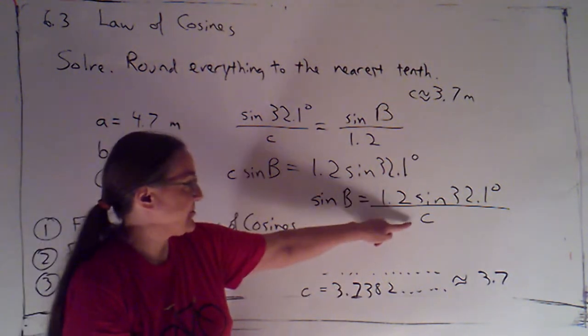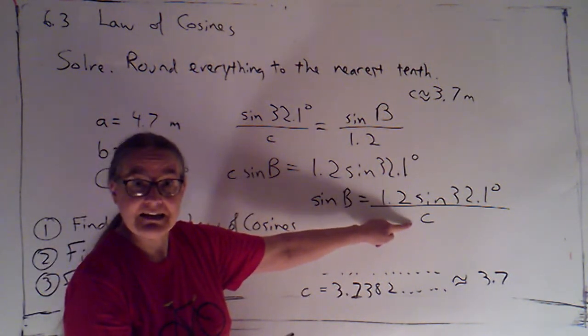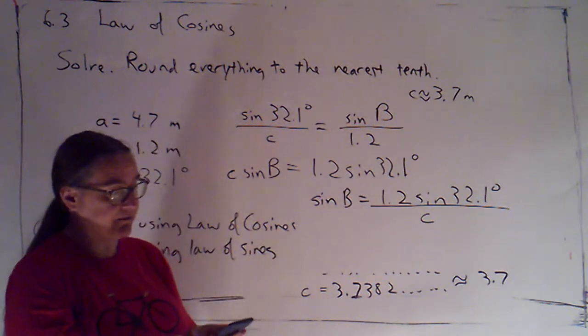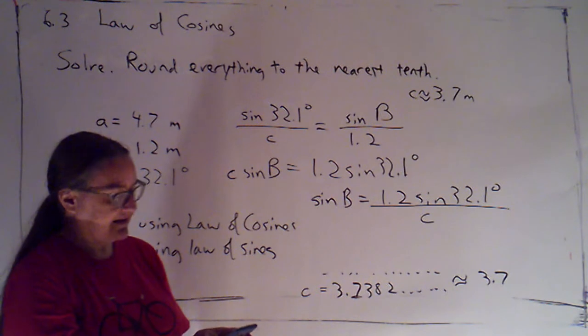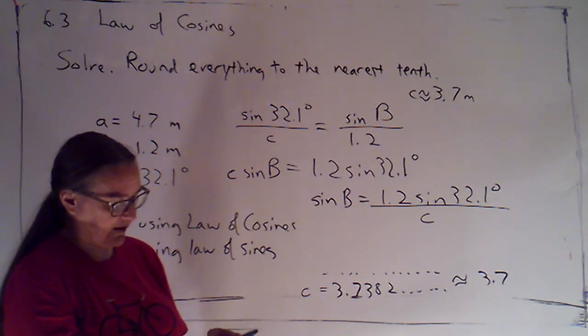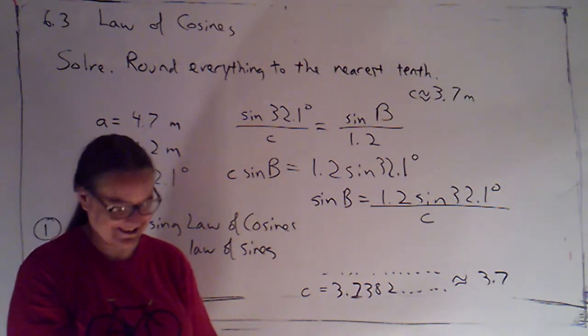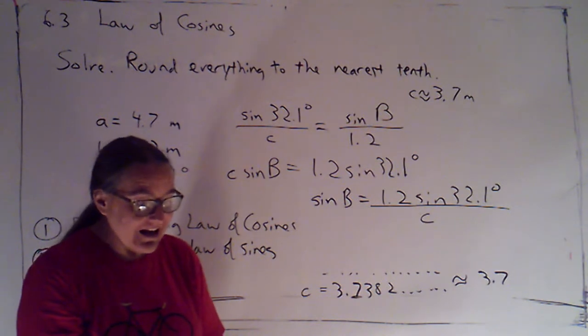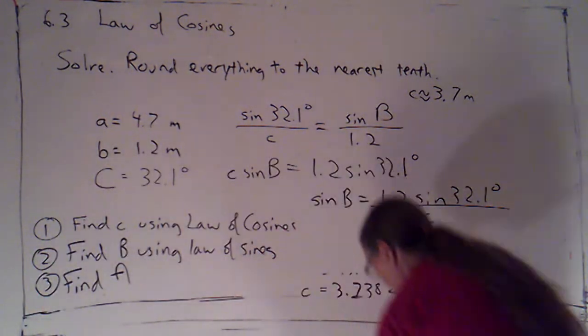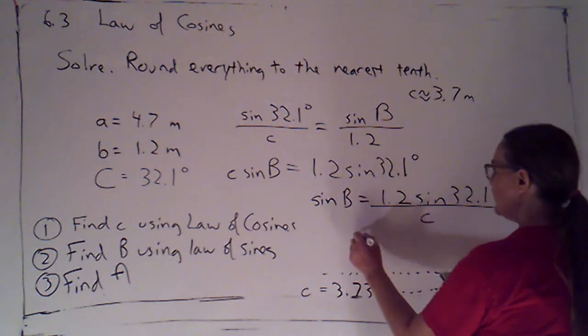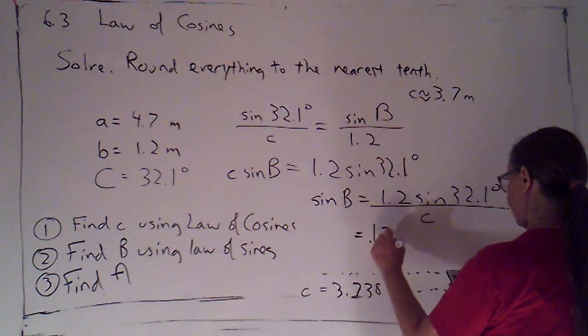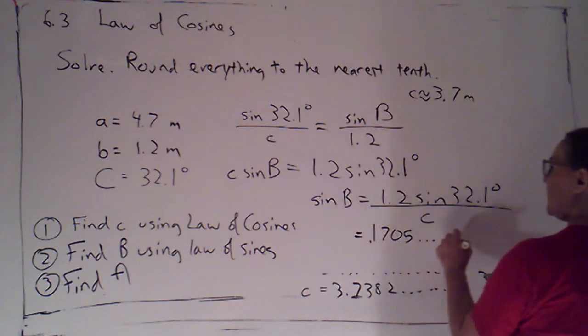That's now taken the reciprocal of C, and now I'll hit times 1.2 times sine of 32.1, and I am still in degrees. All right, and so when I do that, I get sine of B is equal to 0.1705 and so on.